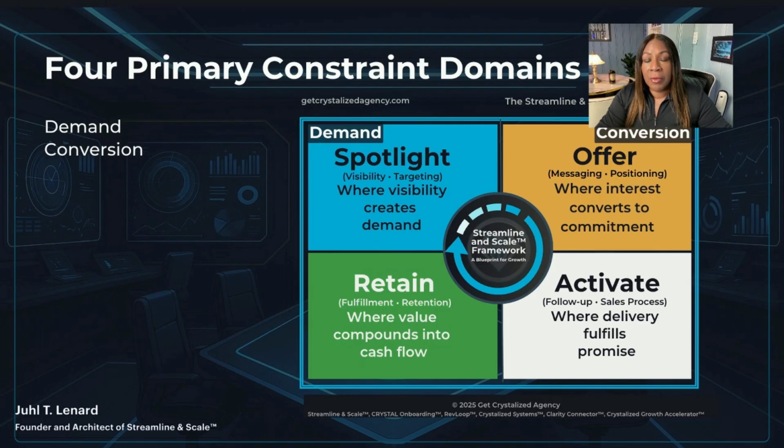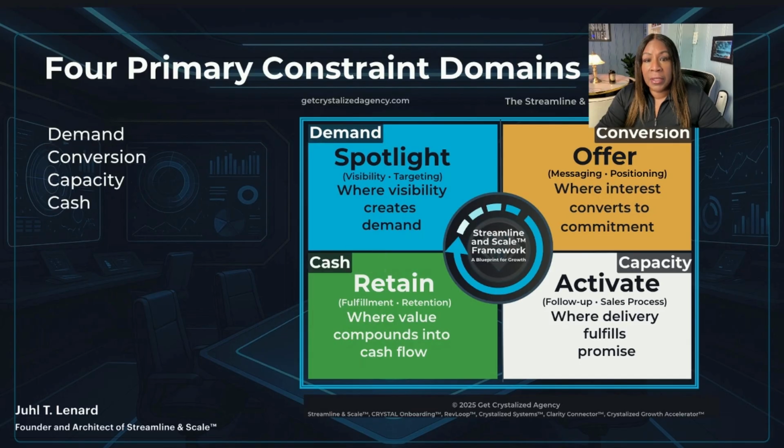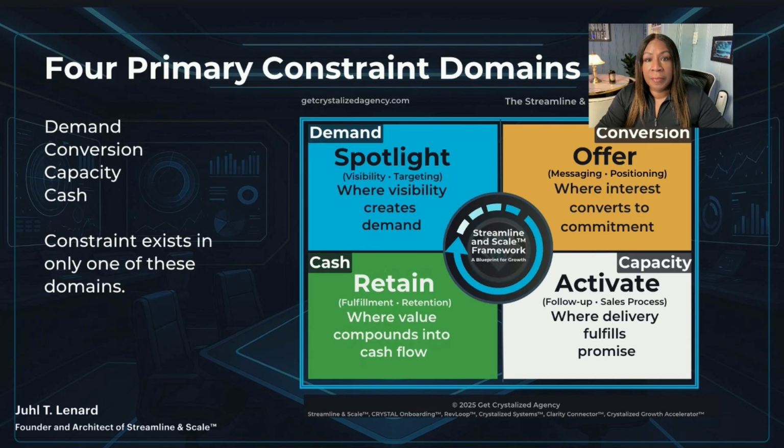Conversion domain constraints are identified and worked through in the Offer quadrant. Capacity constraints are in Activate, and cash constraints in Retain. A constraint exists in only one of these domains. That one domain is called the primary domain.